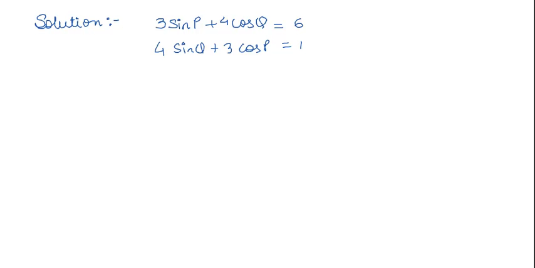Now if we wish to simplify this equation, the basic thing is that we can square both of them and add them. That is, squaring equation number 1 and equation number 2 and adding them.